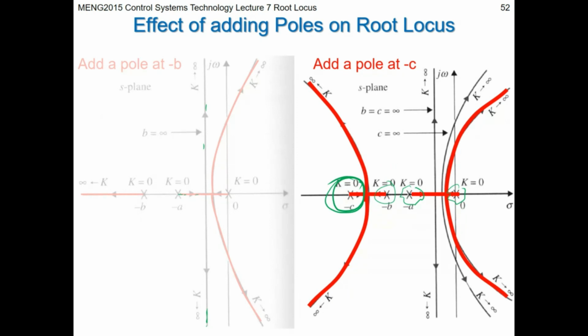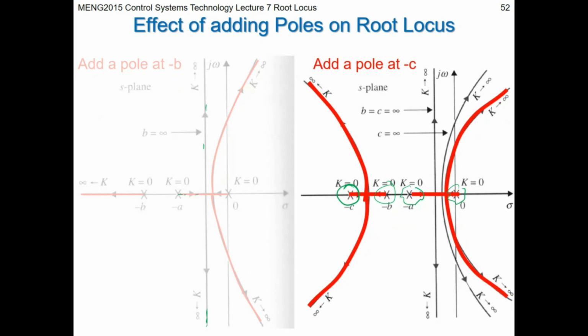So what's going to happen now? Well, now you've got 4 poles and no zeros, so you're going to have 4 asymptotes. Your asymptotes are going to go off at 90 degrees apart. The first one's going to be at 45 degrees. The second one is going to be at 135. The third one is going to be at 225, and the fourth one is going to be at 315.